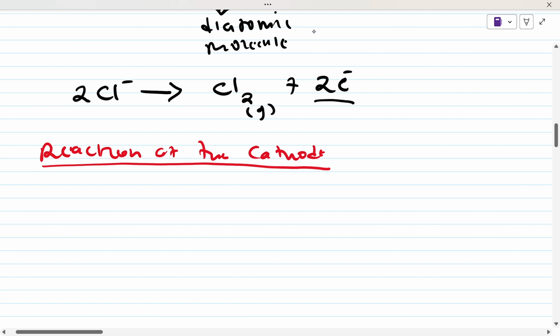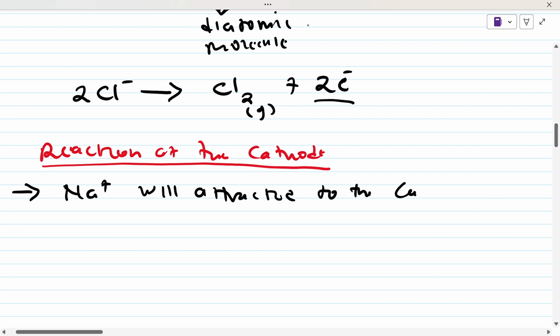Remember, the cathode is negatively charged, and when it is negatively charged, the only ion now in solution that has opposite charge to the cathode electrode is sodium. So the key thing you really need to know is, when electric current flows in the system, sodium ions will be attracted to the cathode electrode.